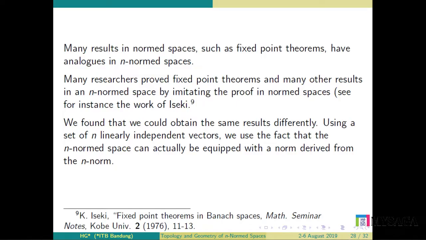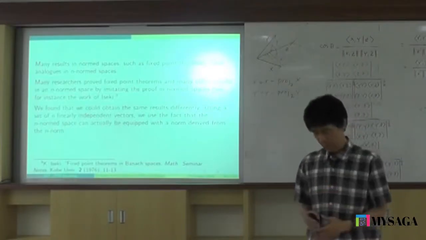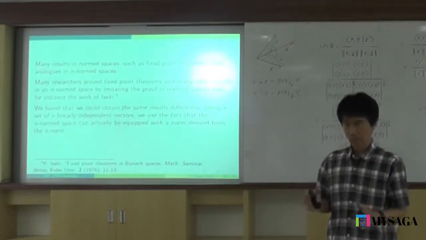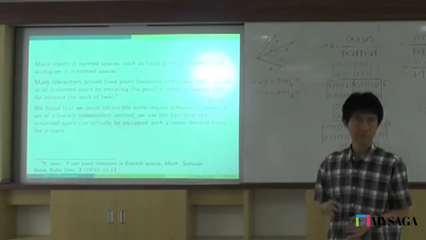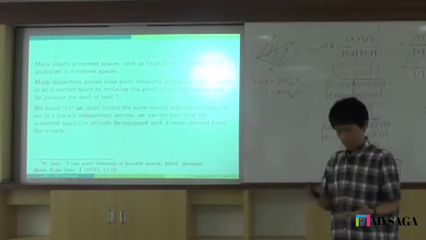Many results in normal spaces, such as fixed point theorems, I will prove one version of it on LP, have analogs in n-norm spaces. And originally, many years ago, about the year 2000, when I started to learn the subject, I looked at the papers.